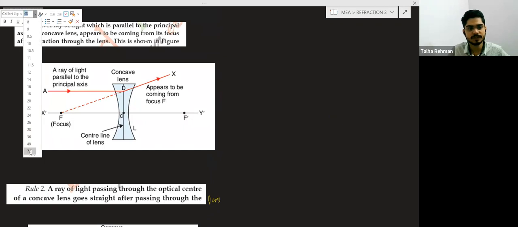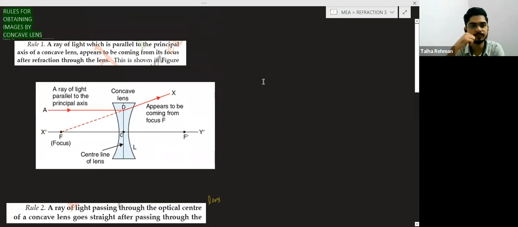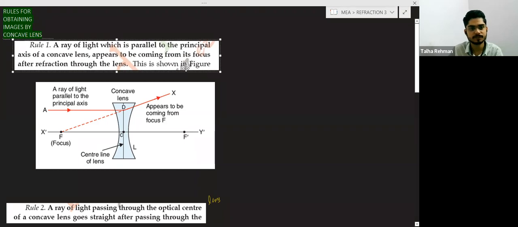All of you just copy this first. Write the heading: rules for obtaining images by concave lens. Rule number 1, rule number 2, and rule number 3. If any one of you has a doubt, then you can ask me.